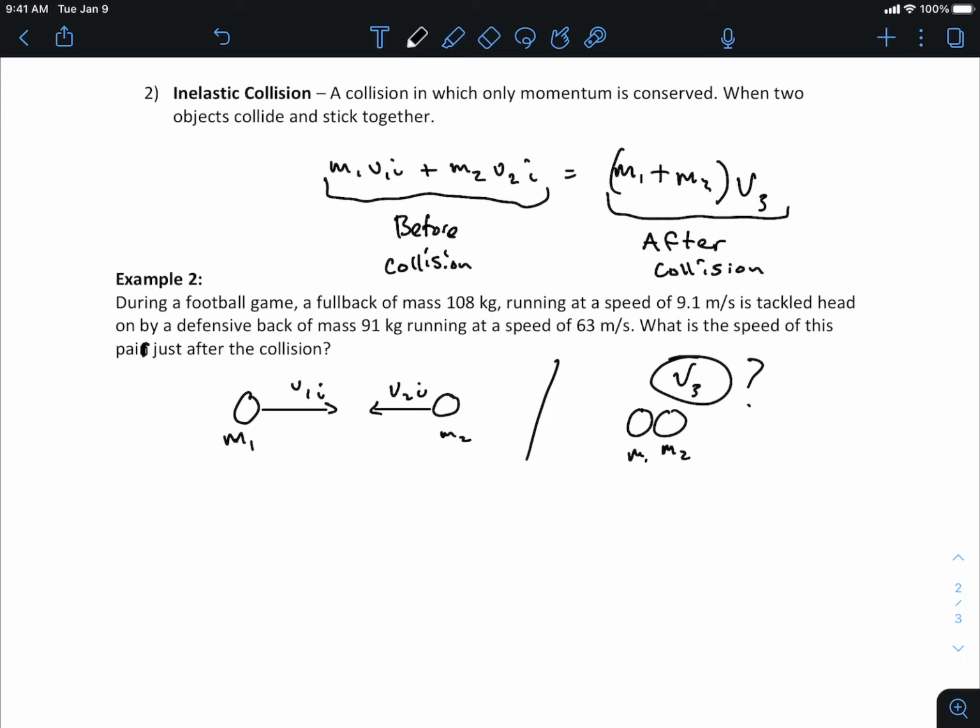Now, in these questions here, I'm just noticing they're using terminology like speed. They're not really giving us much information in terms of directions. I think these questions are a little loose, just getting you introduced to momentum.